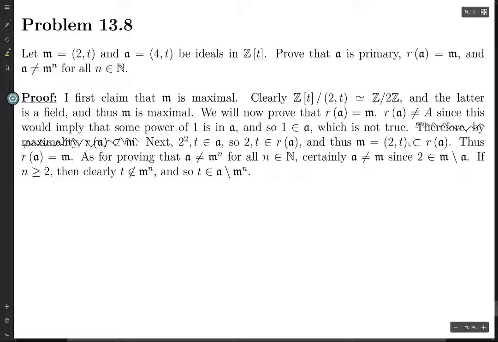This ideal must be contained in the radical of a. So now we know that m is contained in the radical of a. Since the radical of a is not equal to the whole ring, the radical of a must equal m by maximality.